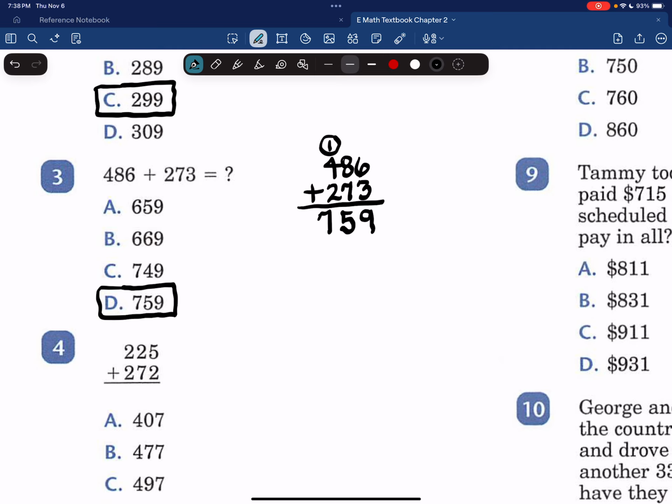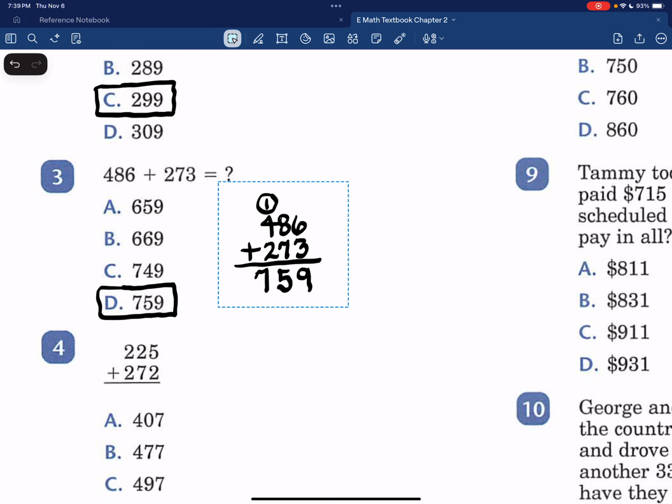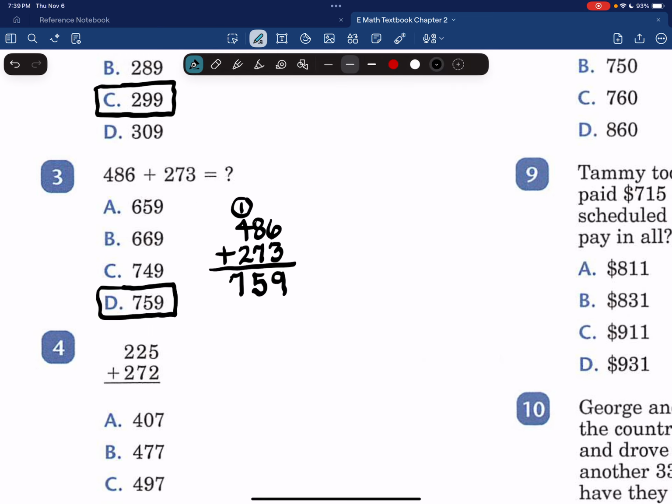And I'm going to do this one the other way as well. Let me pull this right here, and then I'll change colors because I want you to see what that carrying looks like in expanded form. So we have 400 plus 8 tens plus 6 ones. And then we have 200 plus 7 tens plus 3 ones.